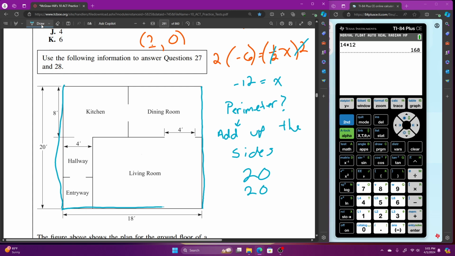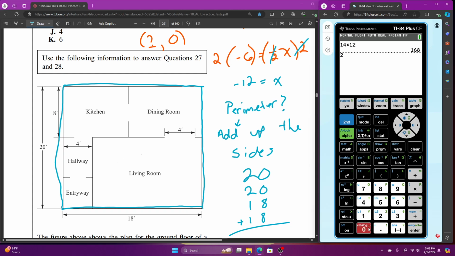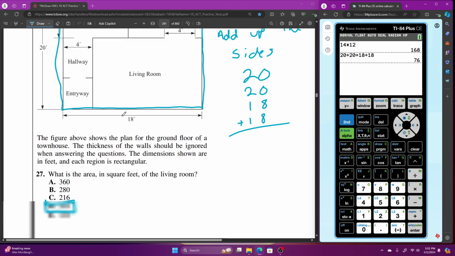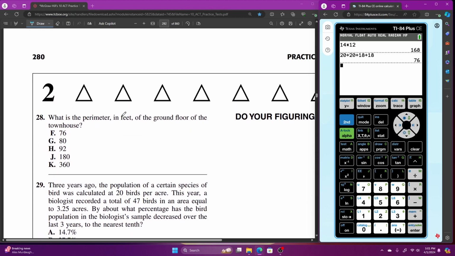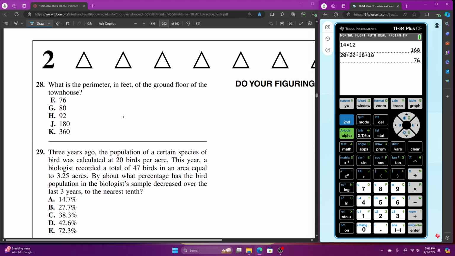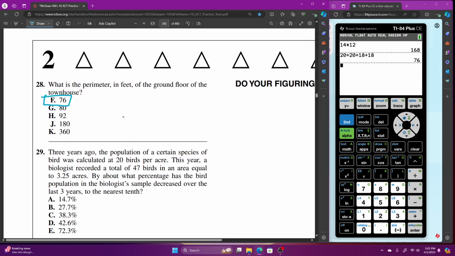And then across this way is 18, and up over here is also 18. And we're just going to add those up. 20 plus 20 plus 18 plus 18. Enter. 76 feet. Answer choice F.